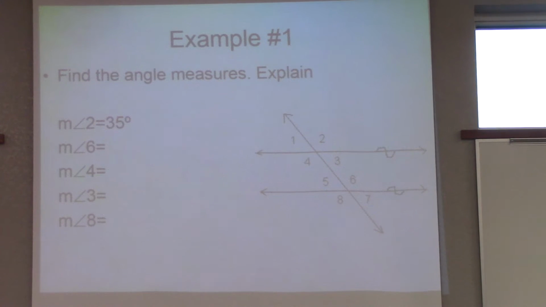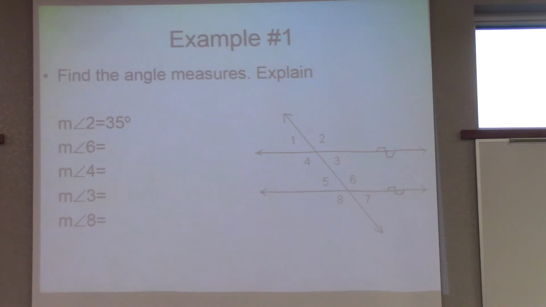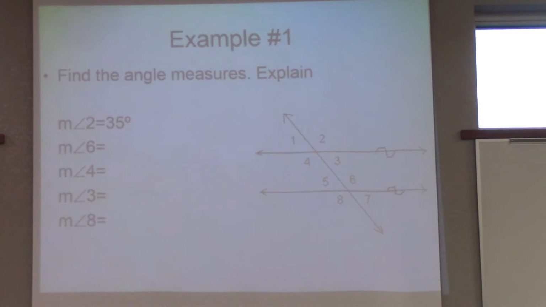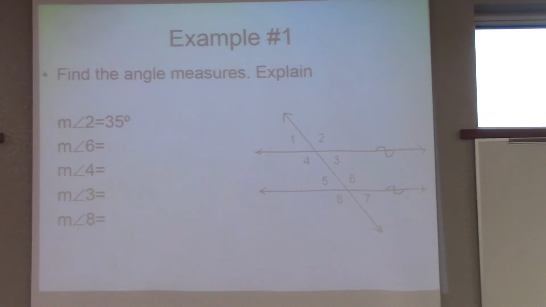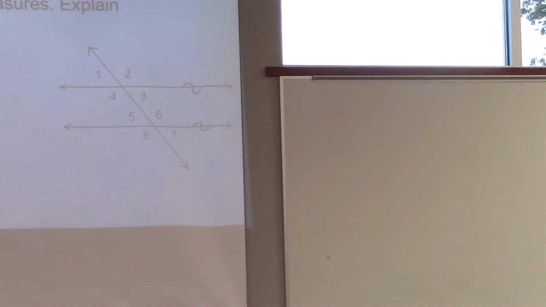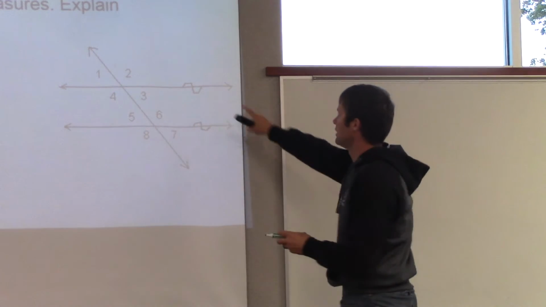So let's go through this one here. I'm going to move the board over real quickly. I'll move the camera so you can see. One thing I want to point out, and we'll leave that up there, is this little squiggly line that you'll see here.